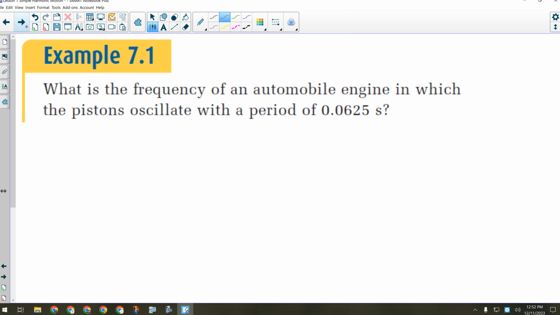Okay, so this one, just a quick review of this formula. T equals 1 over F. So if an automobile engine has its pistons oscillate up and down with a period of 0.0625 seconds, how would I get the frequency?